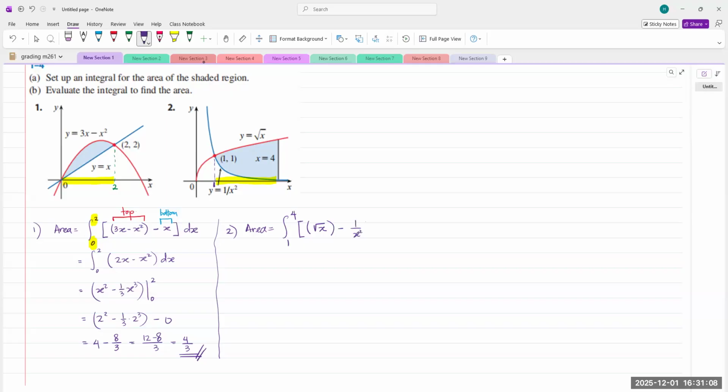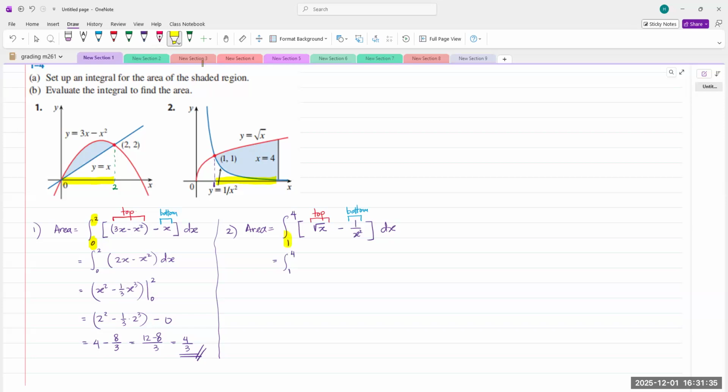I don't think I need to use parentheses anymore there. I hope you see the consistency that this is the top function and this is the bottom function, dx.